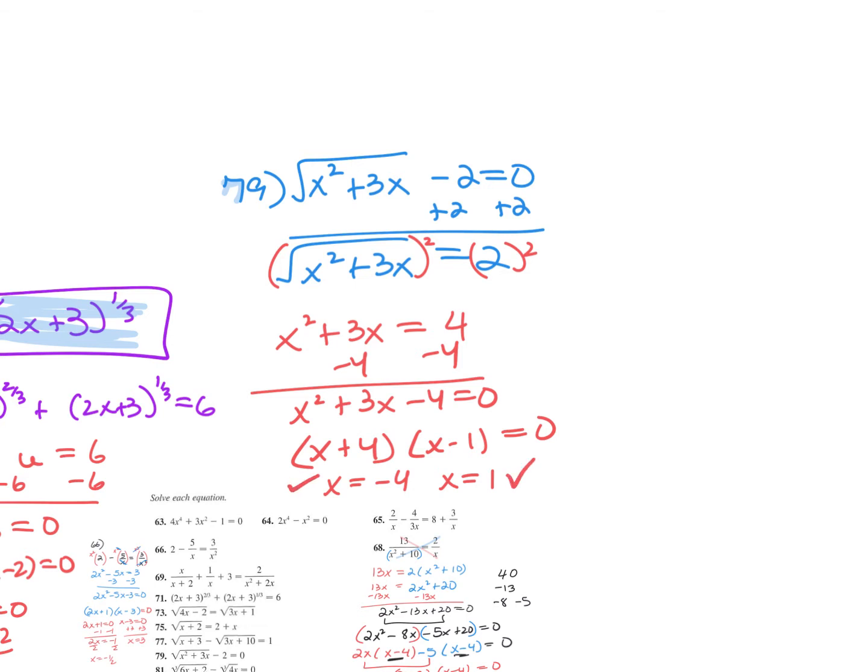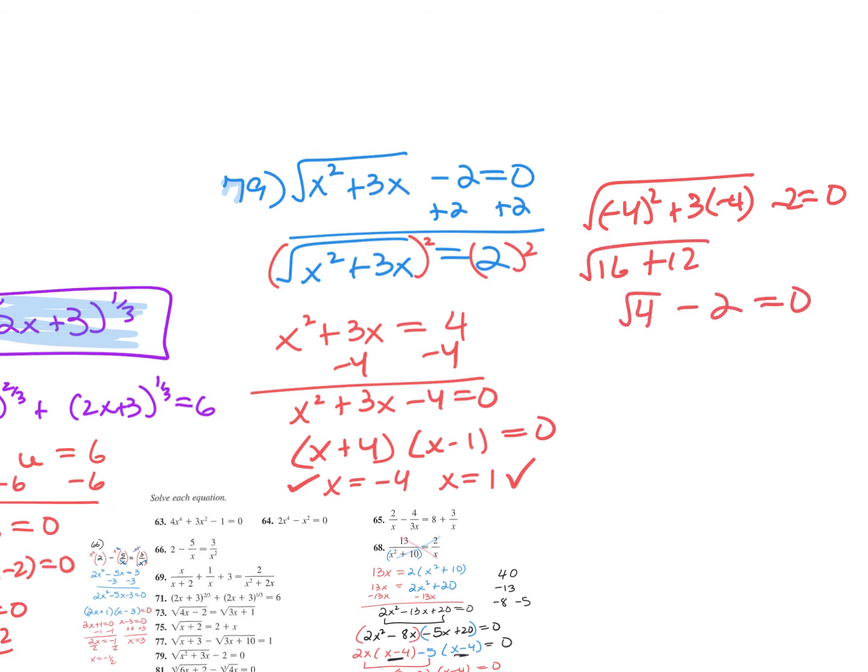So you would have done -4 squared plus 3 times -4 minus 2, and see if it equals 0. So 16 minus 12 gives you 4. And then when you square root it, you get 2. 2 minus 2 is 0.